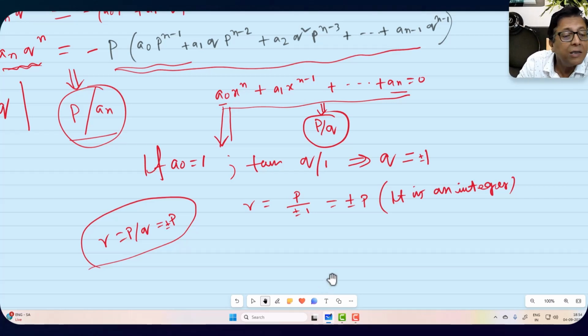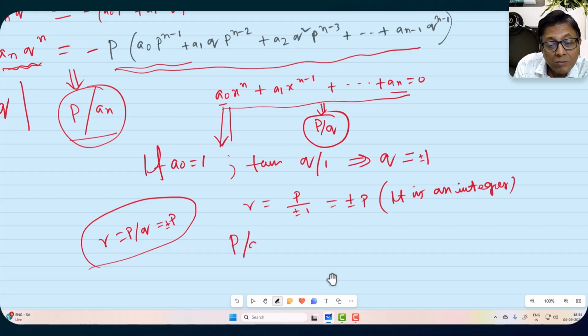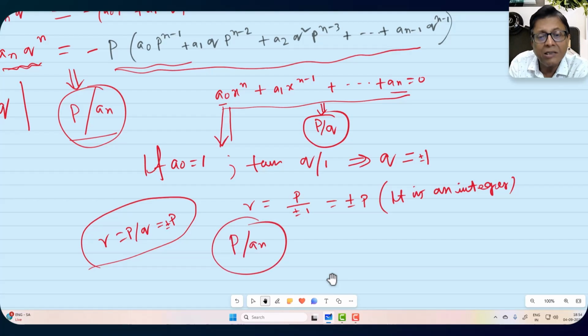And for an integer root, we will just say P divides An. So this is just established.